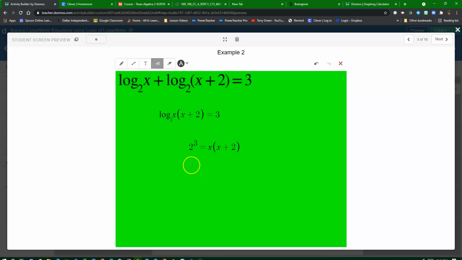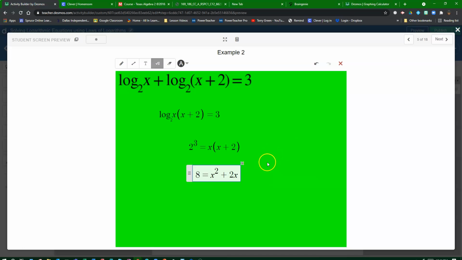And then we can simplify this equation and solve it. Well, we know that 2 to the power of 3 is 8. And we know that x times x plus 2, we're going to use the distributive property. x times x is x squared, plus 2x.